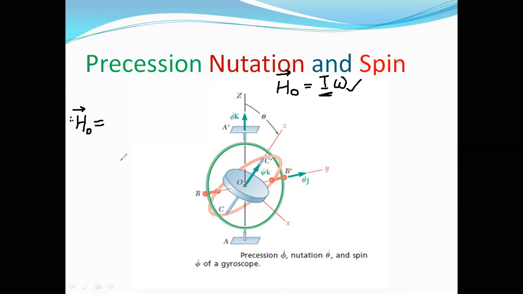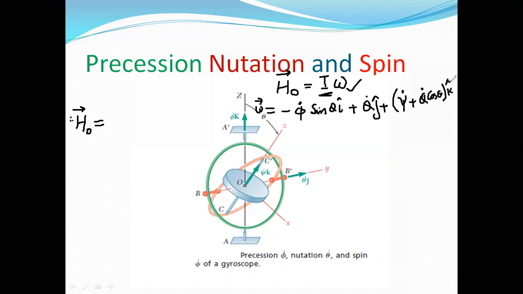Let me first repeat the expression for omega, which I have just claimed, is equal to minus phi dot sine theta I cap, plus theta dot j cap, plus psi dot plus phi dot cos theta, small k cap.